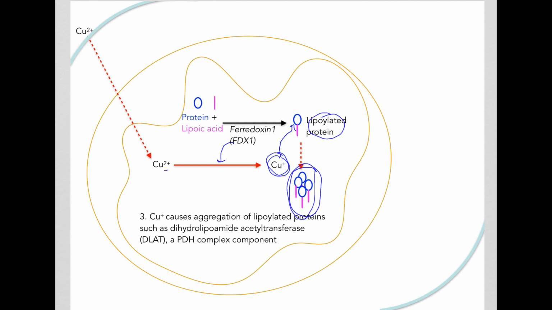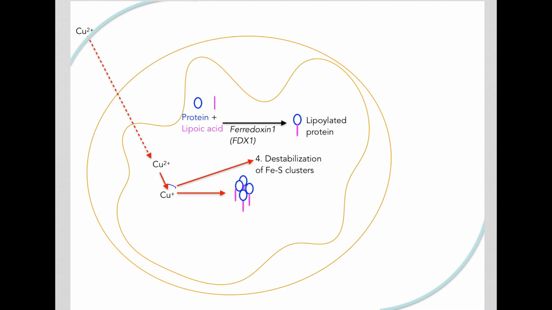So, for example, the dihydrolipoamide acetyltransferase, or DLAT, which is a component of the PDH complex. So when these proteins become aggregated, enzymes such as your PDH complex and your alpha-ketoglutarate dehydrogenase do not work anymore. Another thing Cu+ does, it destabilizes iron-sulfur clusters.